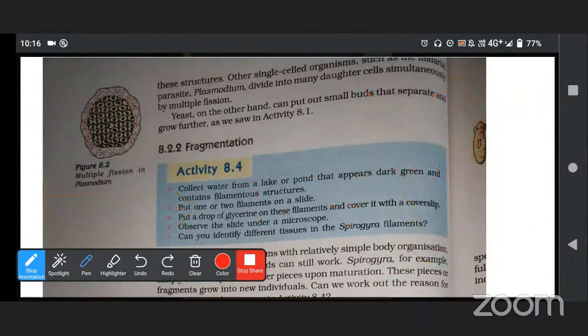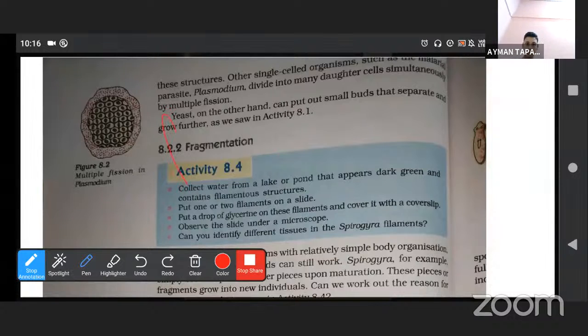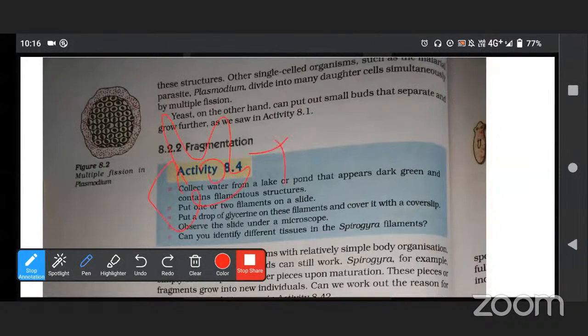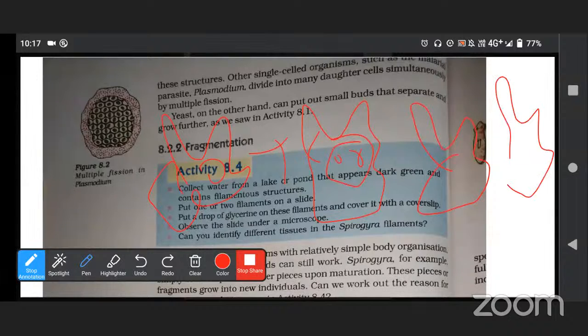So this Plasmodium reproduces by the process of fission, but their fission is multiple. Earlier we saw binary, meaning two individuals form. Here more than two form. That's why it is multiple. Earlier we saw this is an Amoeba; from this Amoeba, the nucleus starts to grow, and ultimately they separate from their parent and produce two individuals.